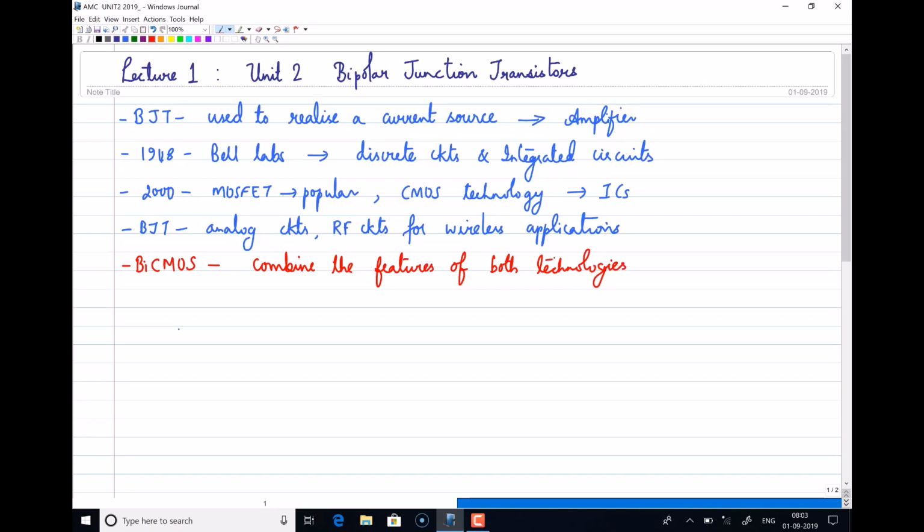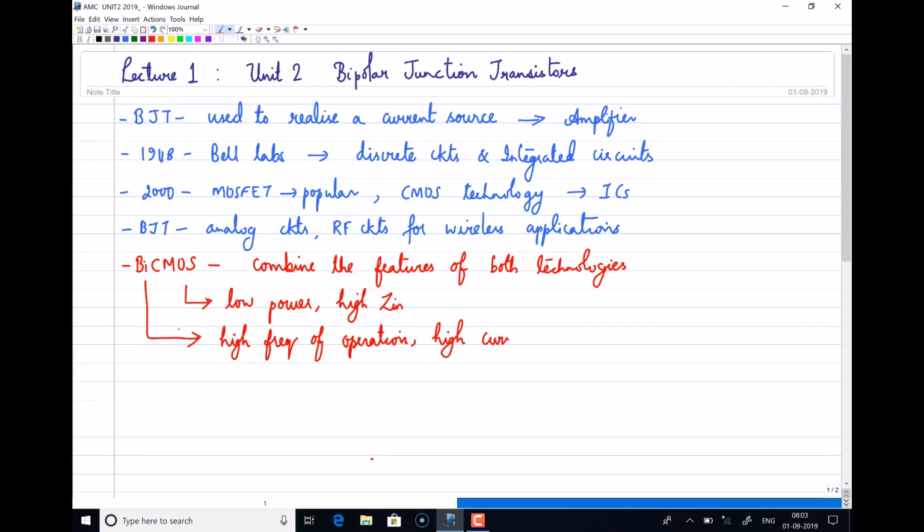When that is done, this bi-CMOS technology has properties of CMOS like low power and high input impedance, and it also has the properties of bipolar technology, which is very high frequency of operation as well as high current driving capability.